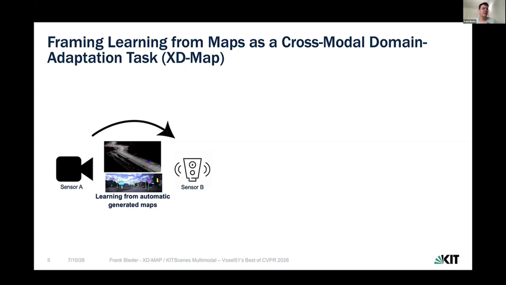So basically drive around the city, drive as much as we want, and then automatically map semantic elements in the city so that we can just mount new sensors on our car, drive around again, back project into the sensor space of the new sensors, and by that self-supervised train these models for these very new sensors.